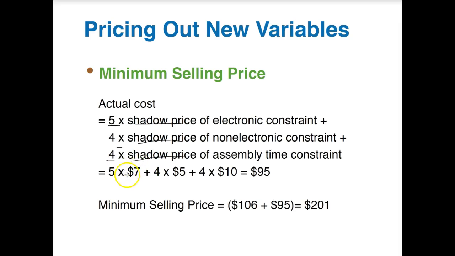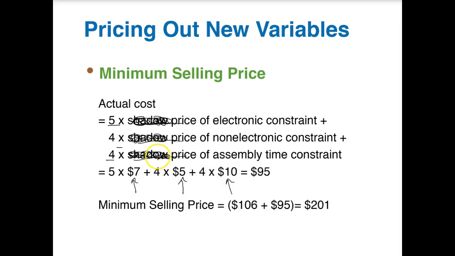Actually, this really shouldn't be the shadow price. It should be just the price of the electronic components, so let's get rid of that, because we know the price for each electronic component was $7. The price for each non-electronic component was $5, and the price that we pay for assembly time is $10.